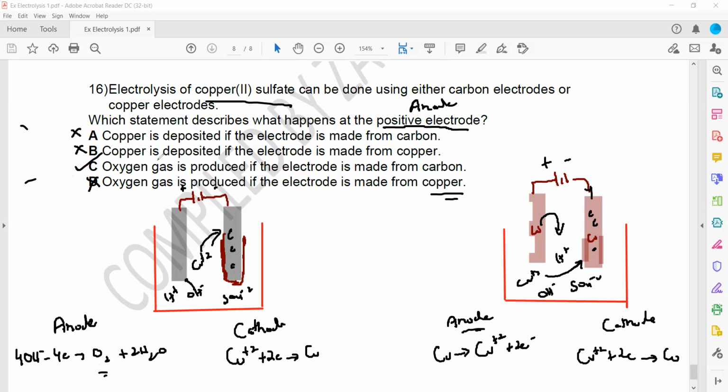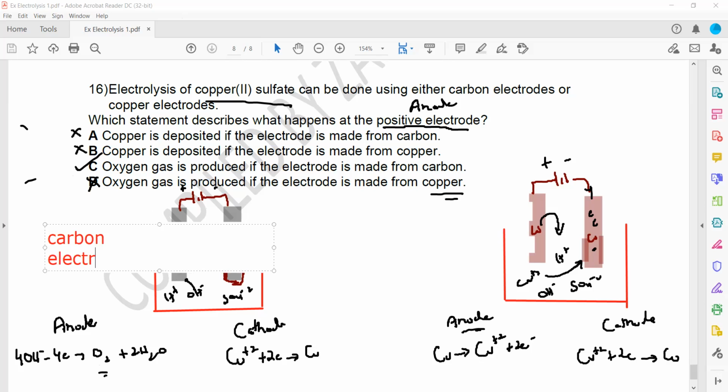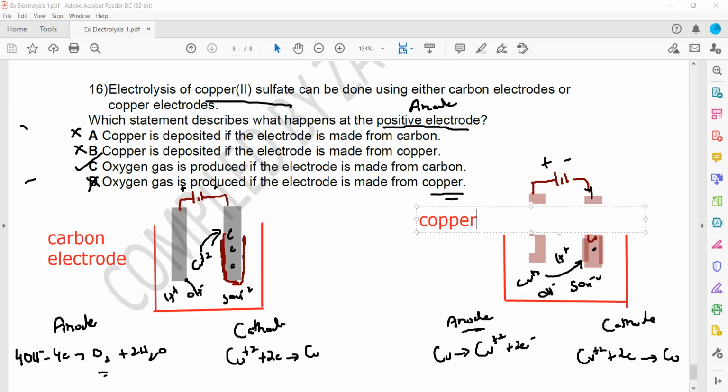Is it clear? So the first case we were using carbon electrodes, and the second one we are using copper electrodes. Any doubt in this question?